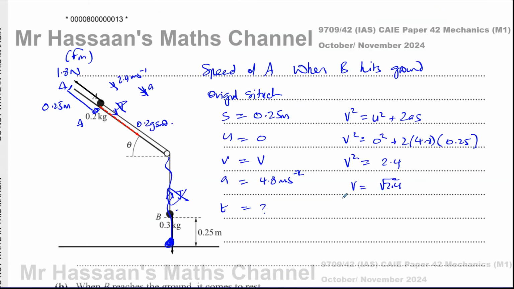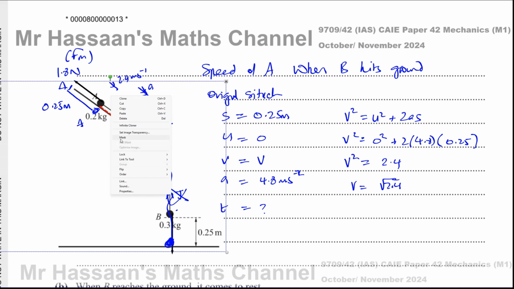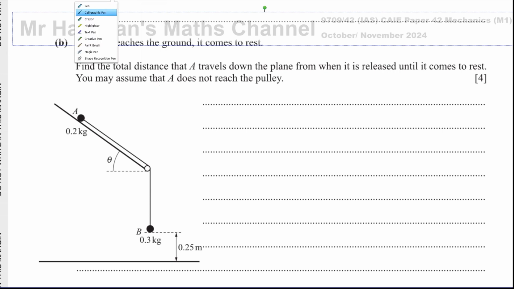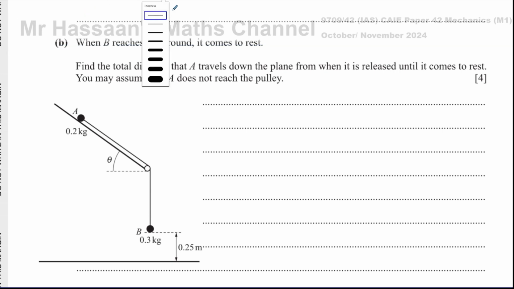However, I did say that I'm going to explain how we can do this in a second way, using the work energy principle. So now I'm going to explain part B in a slightly different way using the work energy principle.